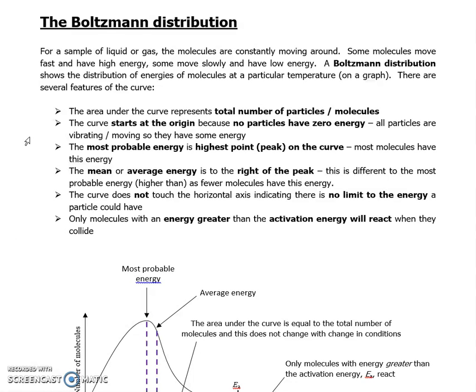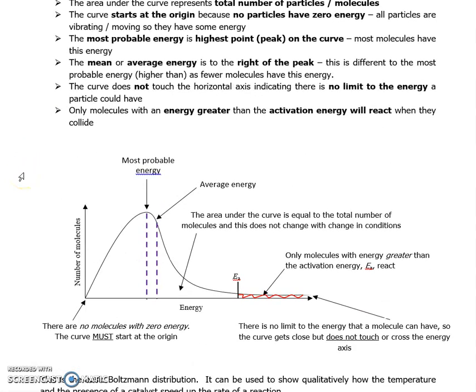The Boltzmann distribution is a qualitative way of describing how the distribution of energies of molecules at a particular temperature can be represented. So here's a basic version of the Boltzmann distribution.